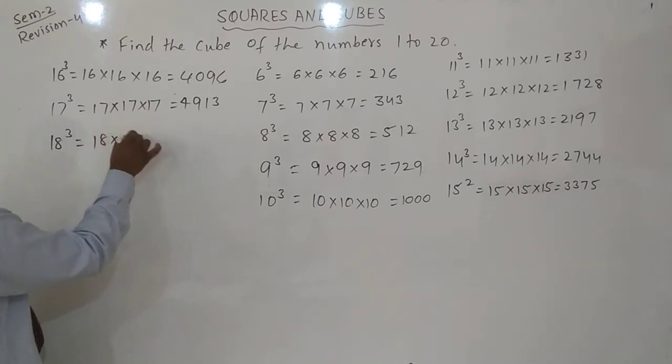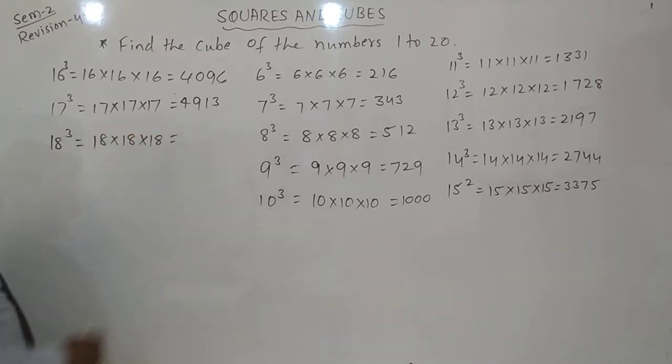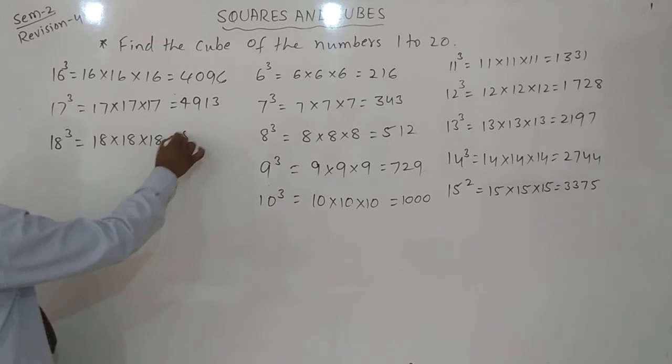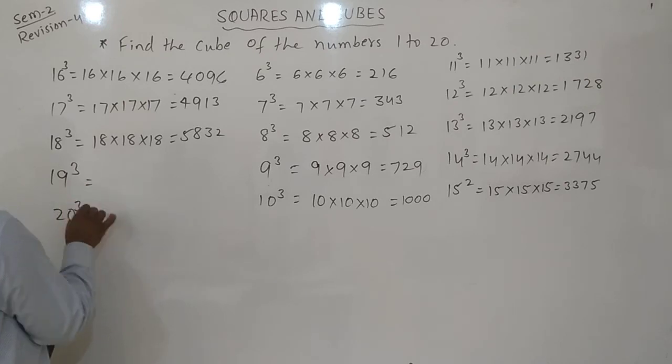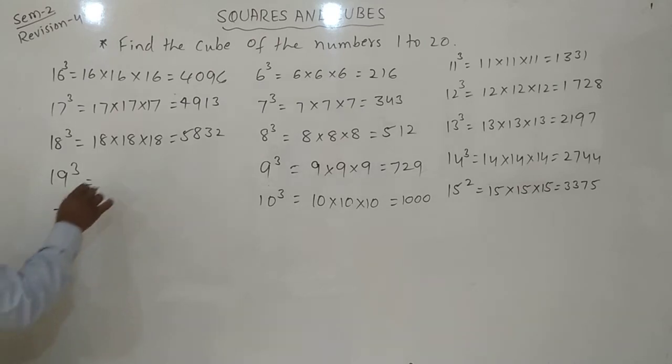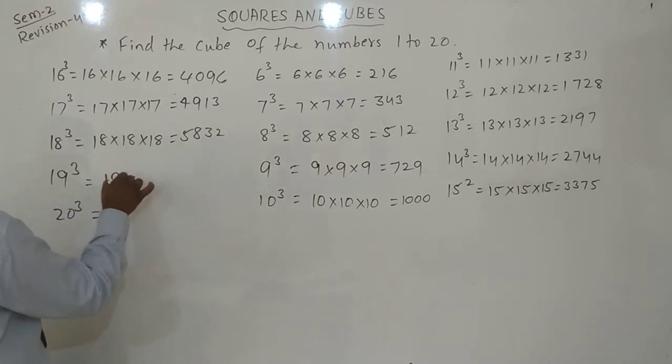18 into 18 into 18. Yes, the cube of 18 is 5832. Yes, 19 cube, 20 cube. 19 cube is equal to 6859.